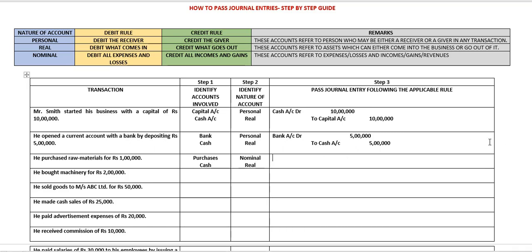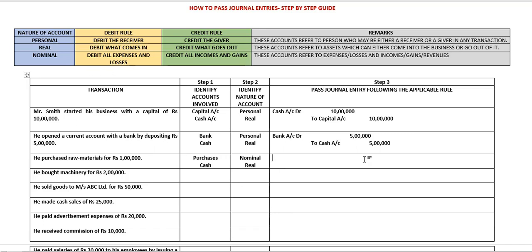Now in the previous two transactions we have already discussed personal and real accounts, and in this transaction we have a nominal account as well. So purchases, as I've already told you, is an expense, and the nominal account rule says debit all expenses and losses and credit all incomes and gains. Since purchases is an expense, it will be debited as per the rule.